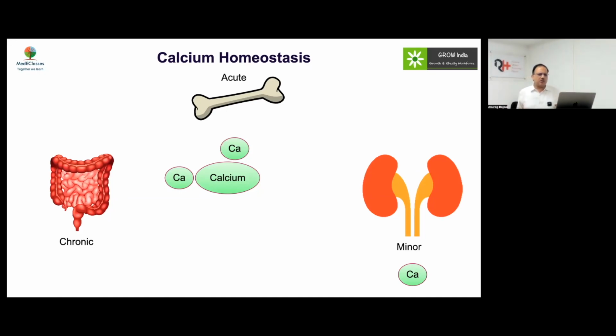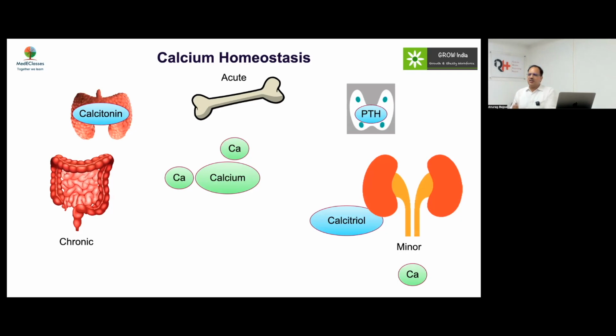Now, this whole process is regulated by 3 groups of hormones. The most important are the parathyroid group of hormones, which are basically hypercalcemic and hypophosphatemic. They will increase the calcium and decrease the phosphorus. We have calcitriol, which is in a way PTH dependent, but it increases calcium absorption from the intestine, increasing both calcium as well as phosphorus.